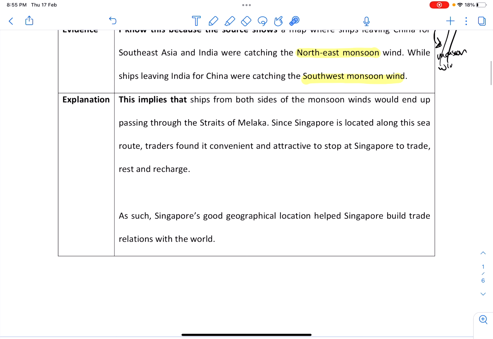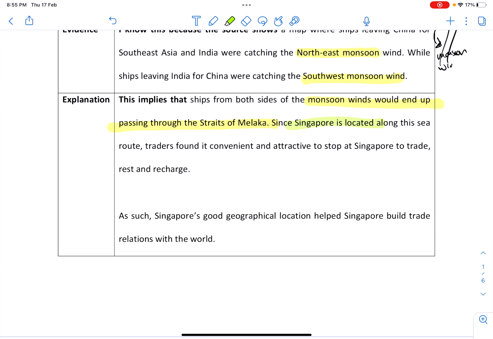All right. As such, this means that Singapore has a good geographical location, because it simply implies that when ships use the monsoon winds, they would end up passing through the Straits of Malacca, where Singapore is conveniently located.